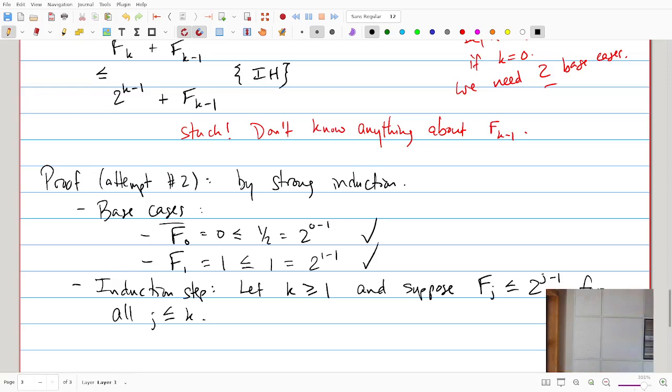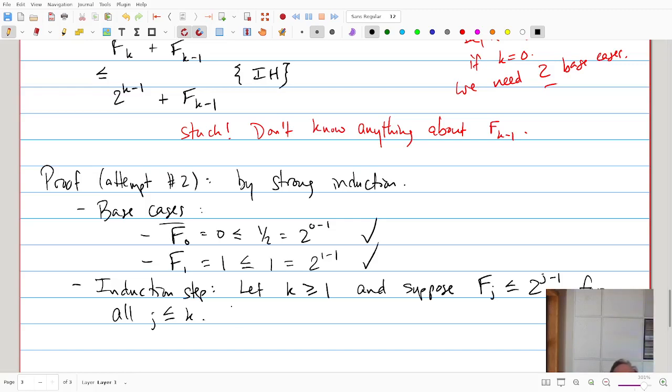Okay, so everything from 0 on up, and really I only need the 2 previous ones. So in some sense it's overkill to say, suppose it's true for everything less than it, but whatever. I mean, we don't have to use all of those, so it doesn't matter. And also, it's important that because I already did base cases 0 and 1, I can say, all right, now we're just going to start at 1, or anything from 1 on up. That's what we're going to be able to do our induction step.